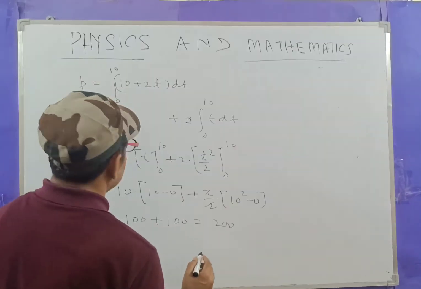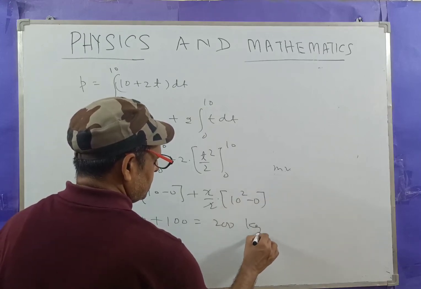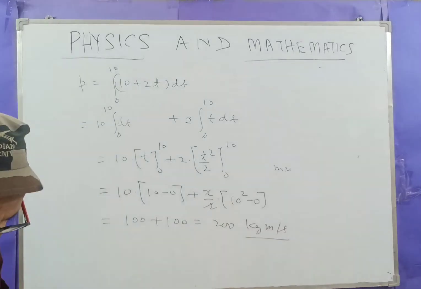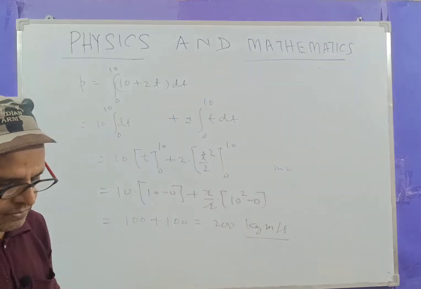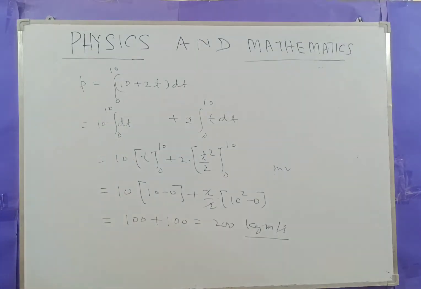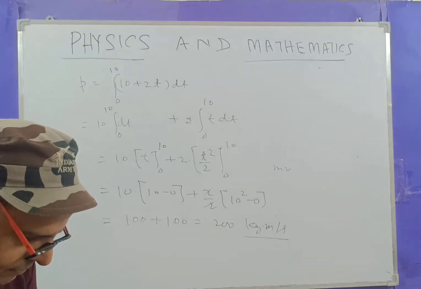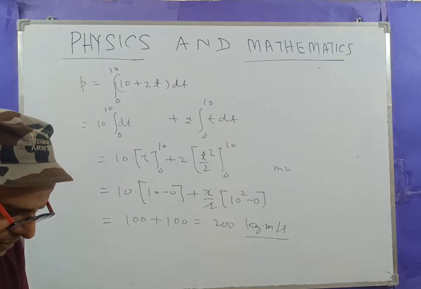P is equal to 200, unit is kg meter per second. This is the answer. I think you have got it.